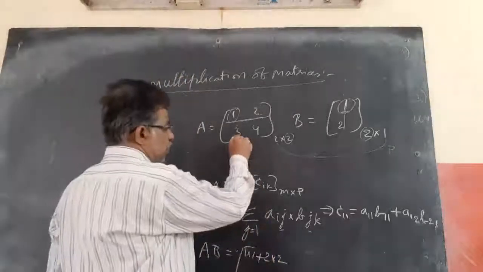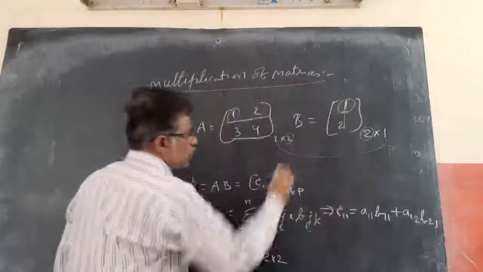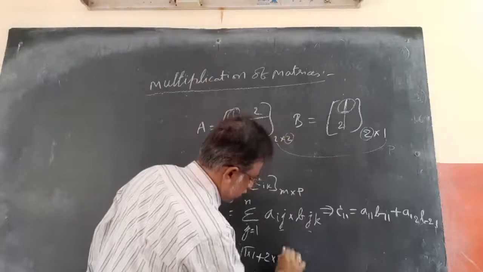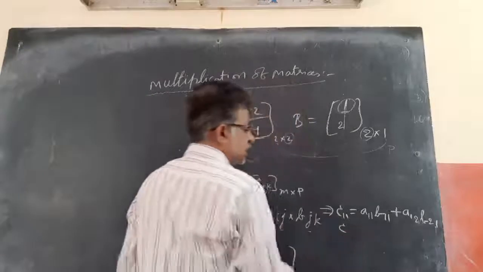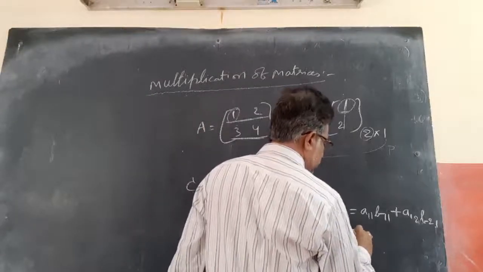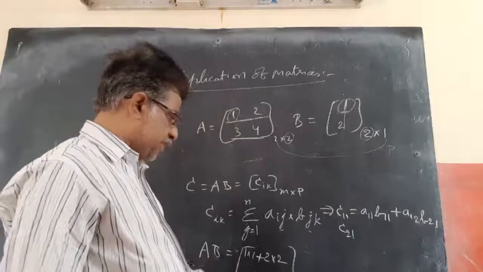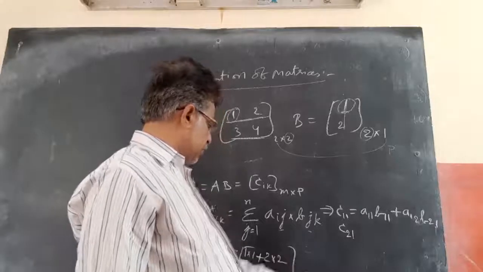So the second row, first column element. Again this gives you 3 into 1 plus 4 into, that's it. This is A into B. Even if you find this, second row first column means c21, the second row first column element we are finding. There is no c12.